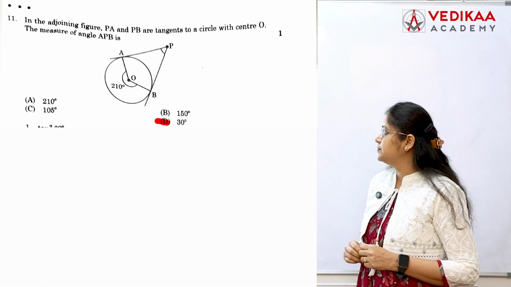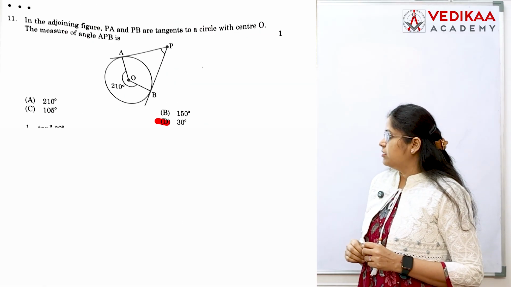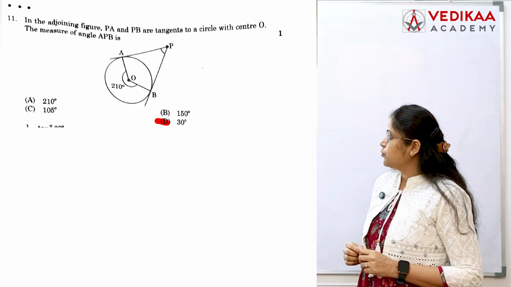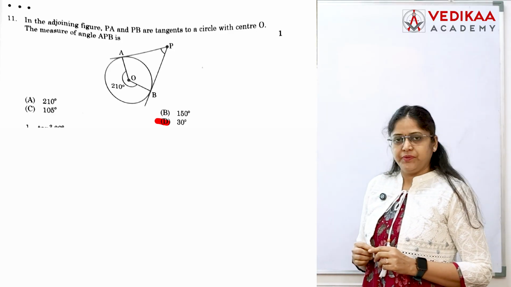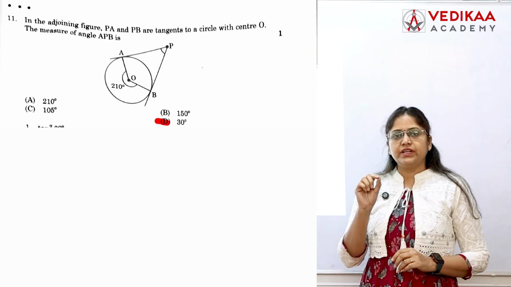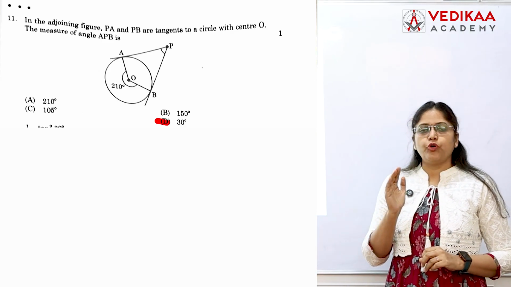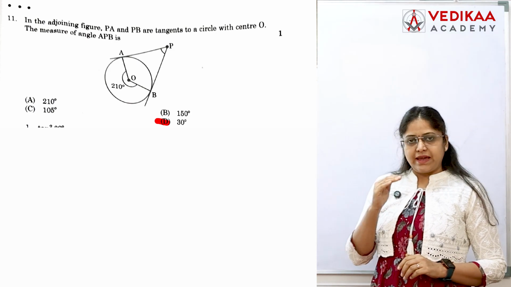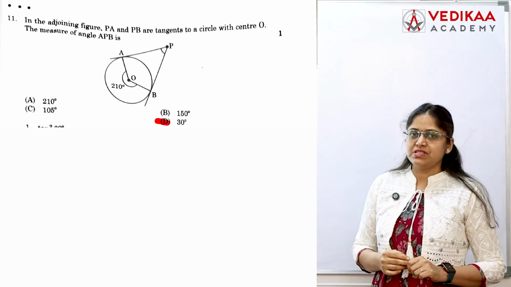Next one, question number 11. Again, this is from the circle chapter, right? You have to find out the angle APB. Okay, now we know that whenever we draw a tangent from a point outside the circle to the circle, the angle between the tangent and radius is always 90 degrees.